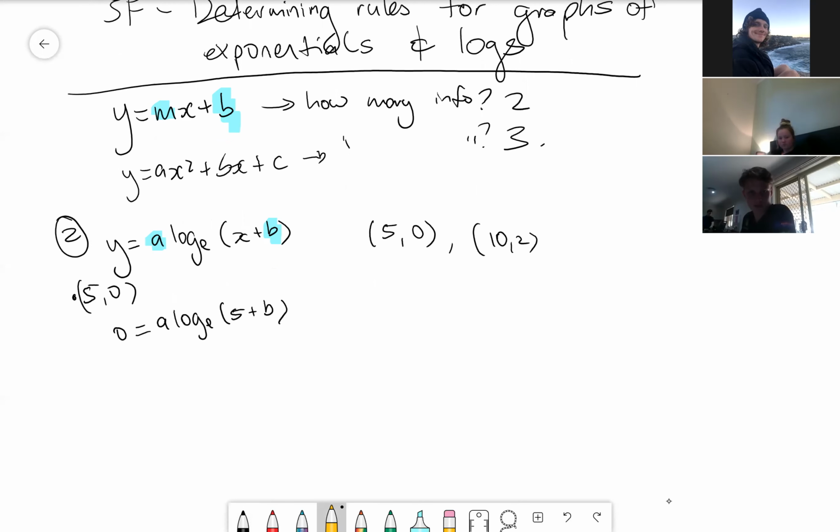Well, 5 plus b has to be equal to 1, doesn't it? Perfect. But great thinking about e and 1, because they're the interesting points. We don't care about like 63, that's just irrelevant. We care about e and 1 and 0, those important ones. So we'll get 5 plus b equals 1, so b would equal negative 4.